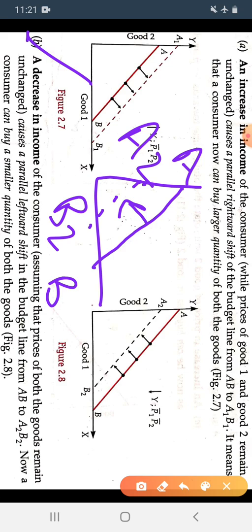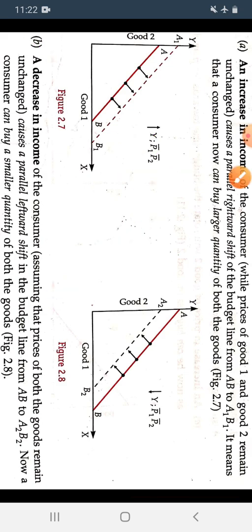When there is a change in income, there are two conditions: an increase in income and a decrease in income. When income increases, assuming the prices of both goods do not change, the curve will shift to the right, from AB to A dash B dash, and the consumer is able to buy more of both good one and good two.